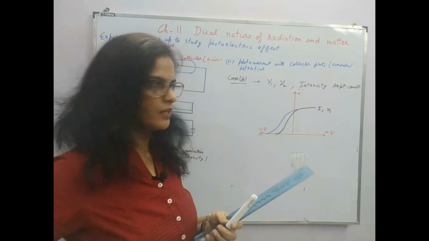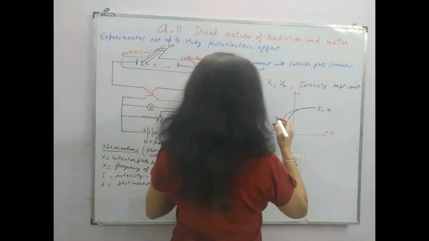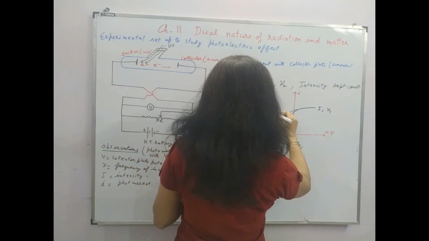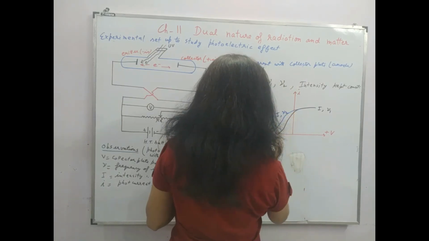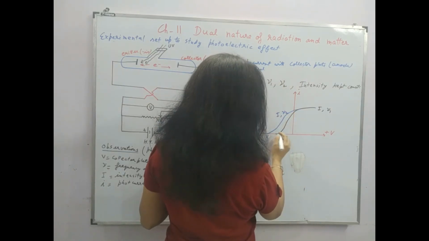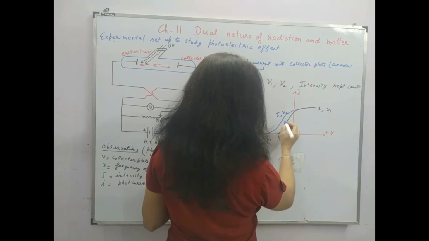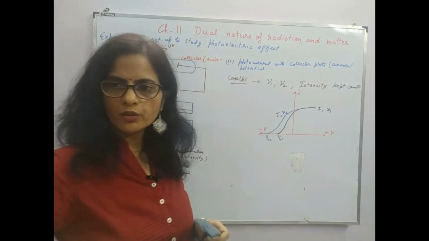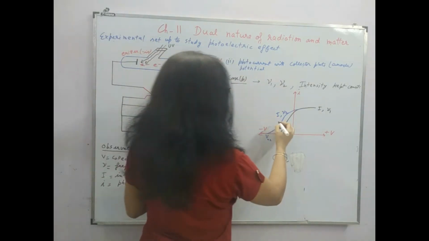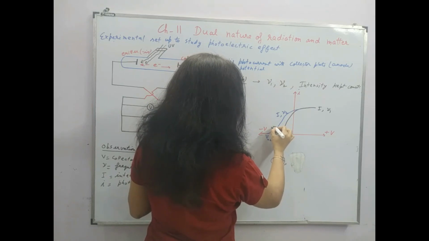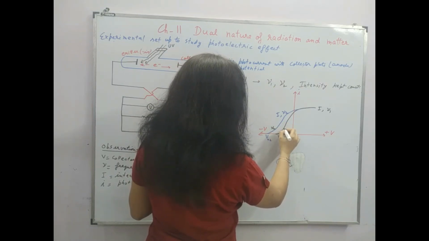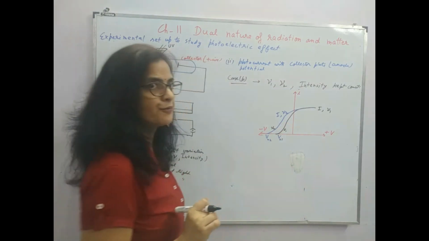So you can say that here you are getting cutoff potential for first, and here you are getting the cutoff potential for second. And you can also mention that this is the graph for frequency 2, this is the graph for frequency 1.